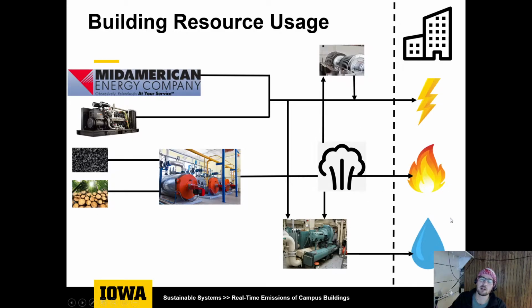So we're able to backtrack chilled water usage back through this diagram to get a carbon emissions value associated with it. This is a bit of a simplification of the UIowa energy system, but the main idea is we take these energy resources and backtrack to the source of those resources to get a carbon emissions value for the building.